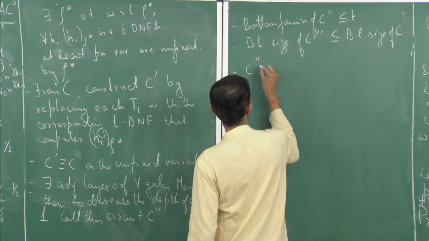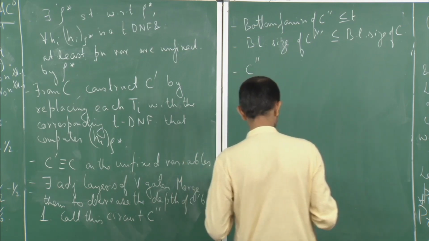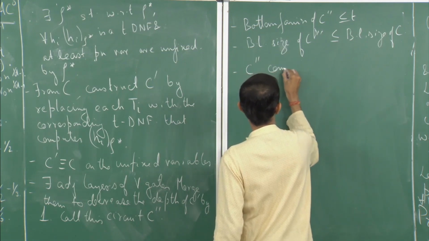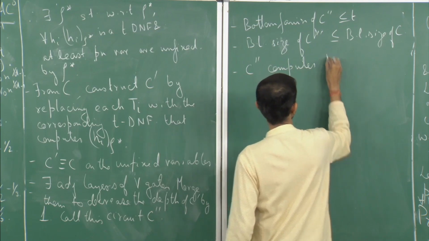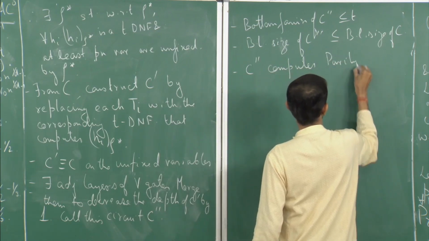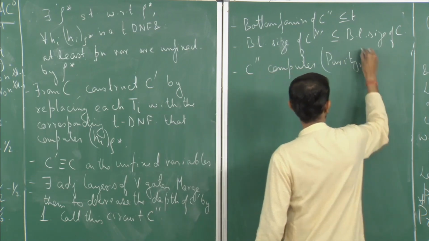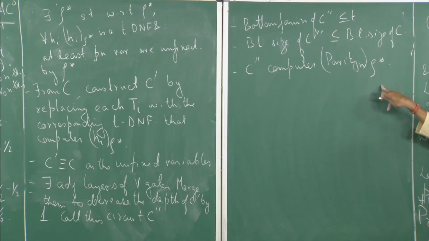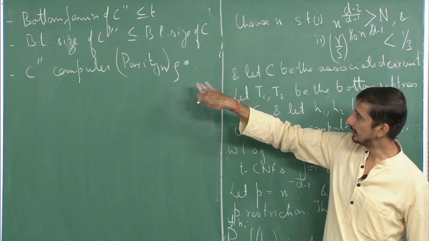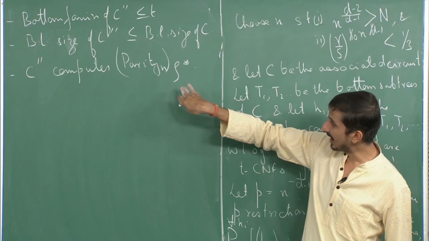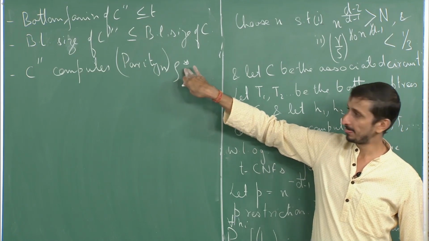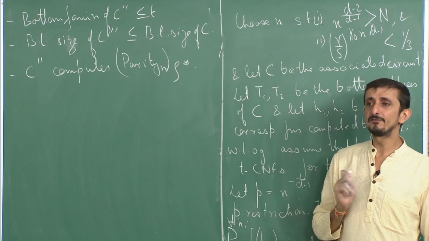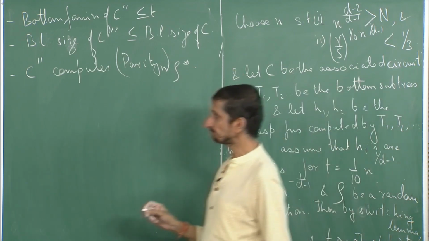So, C double prime computes parity of n on this restricted set. This notation means that I look at the variables unfixed by rho star. C double prime is computing parity on those unfixed variables now.